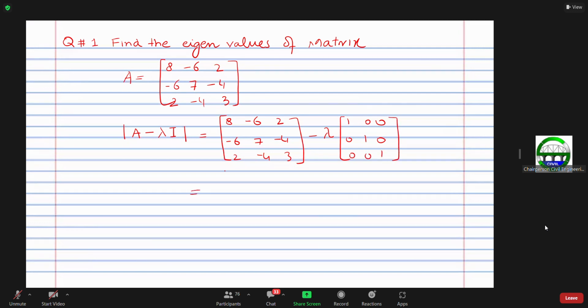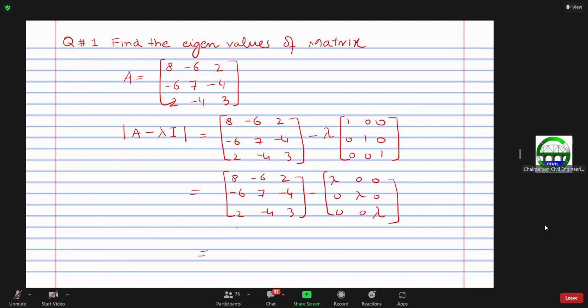Or we can also write it in this way: 8, minus 6, 2, minus 6, 7, minus 4, 2, minus 4, 3, minus lambda 0 0, 0 lambda 0, 0 0 lambda.